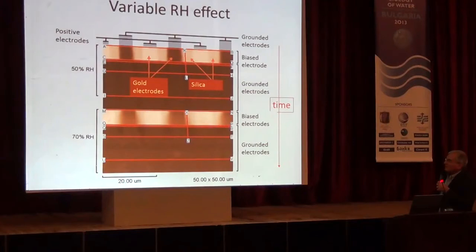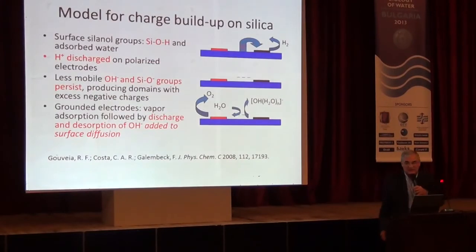Here we start again to scan, but at 70% of relative humidity with positive electrode here and negative here. And then we see negative charge spreading over the silica. So somehow charge is going out of the electrodes, and that's strongly dependent on the relative humidity.